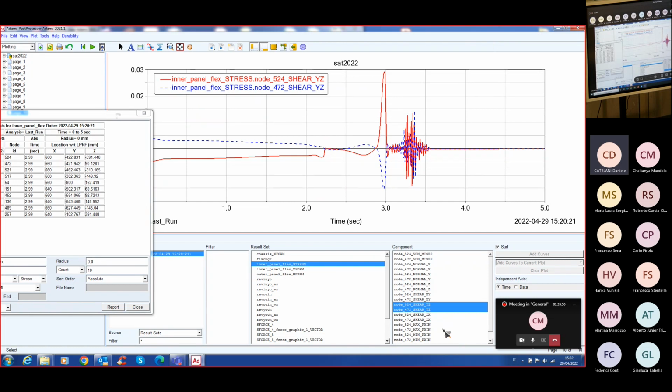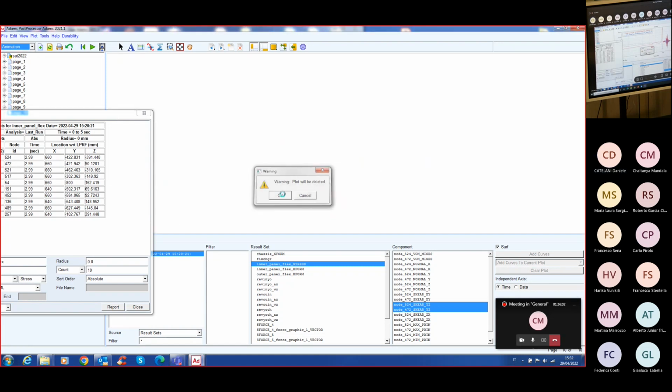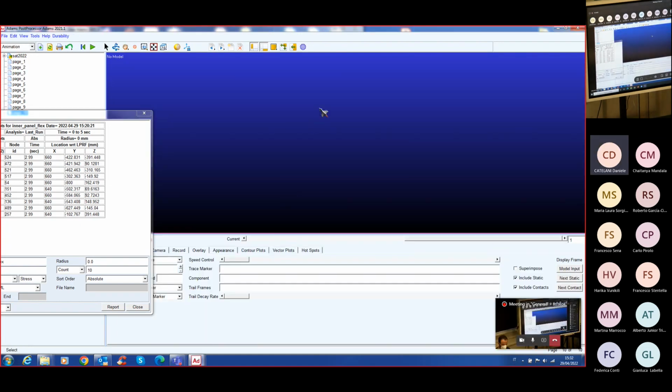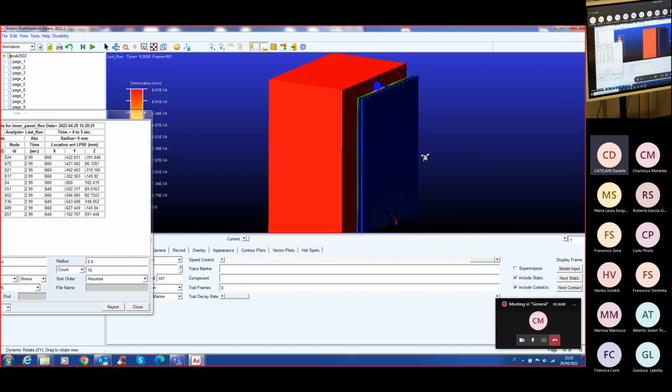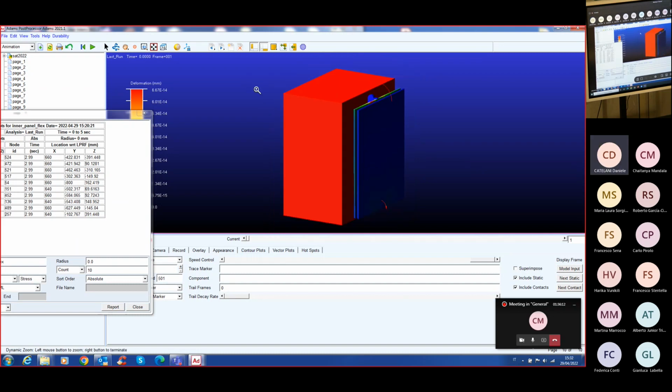As final information about it, we can switch to animation. We can load the stress, the analysis with flexible bodies.